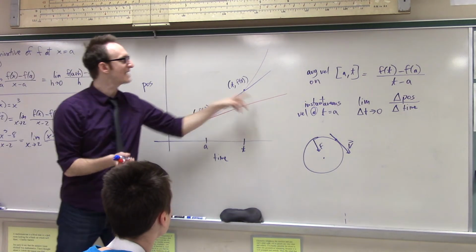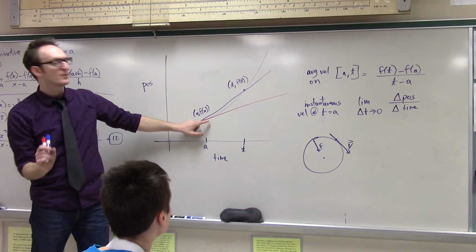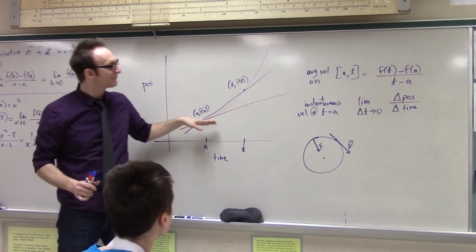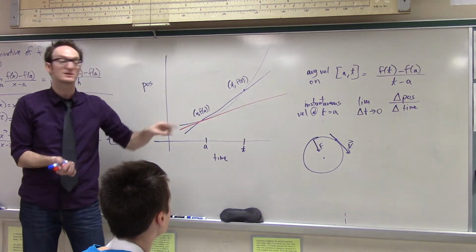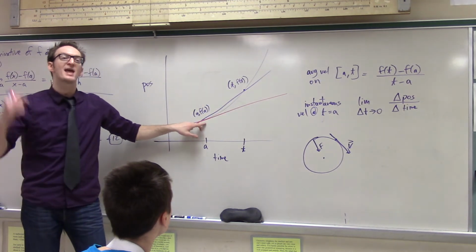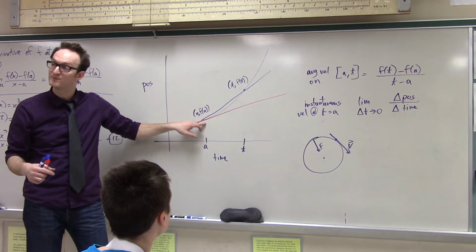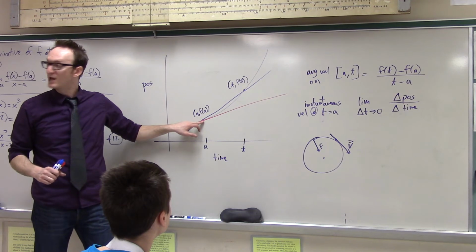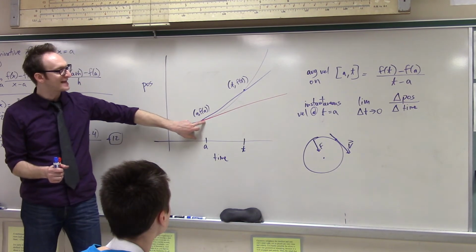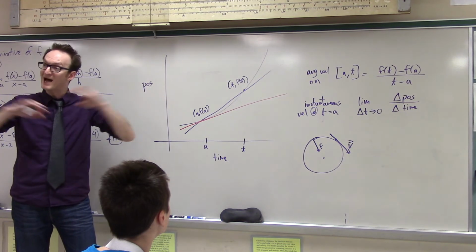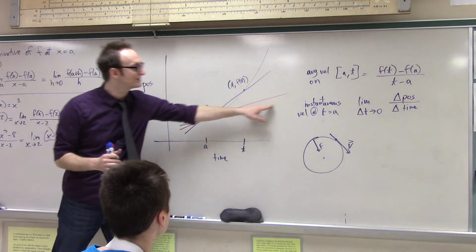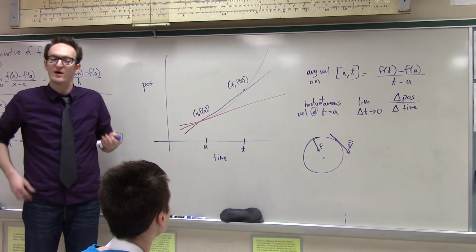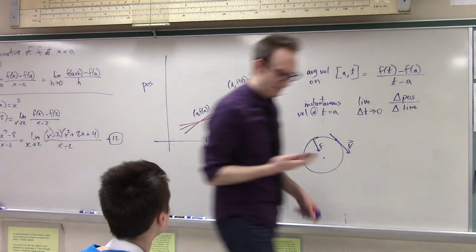What the tangent line represents is the path that the object would take, or rather, it represents the position function for the object if it continued going at the speed that it was going at point A. In other words, if you take the object's velocity at time A and lock it in, then that tangent line represents the position versus time curve of what that object would do. Does that make sense? I think it does. Okay, cool.